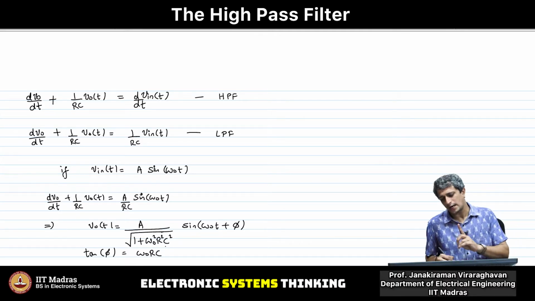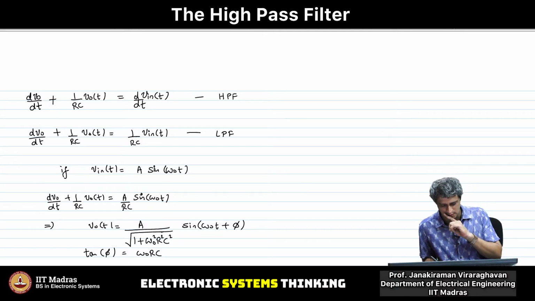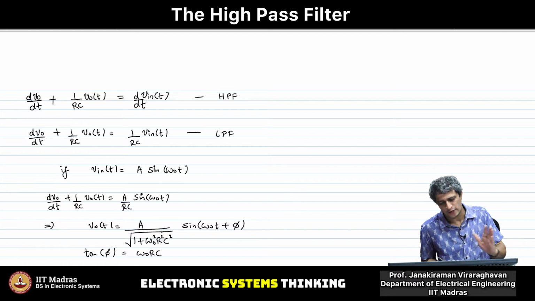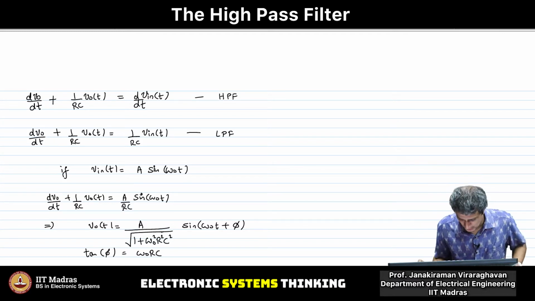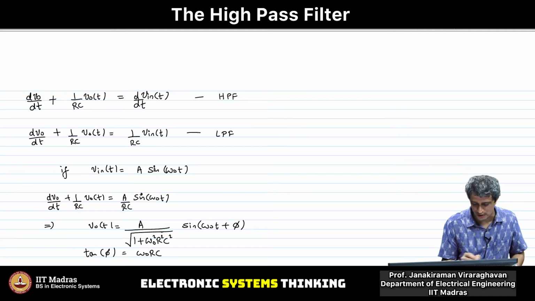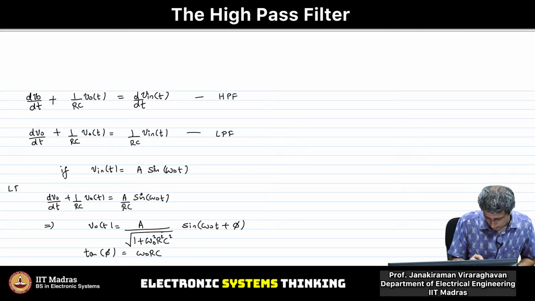I think this is correct, because if it was low frequency, then the phase shift should be small, and therefore I believe this is also correct. So we were able to show this for the low pass filter case.